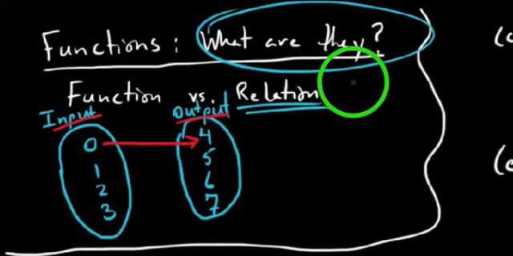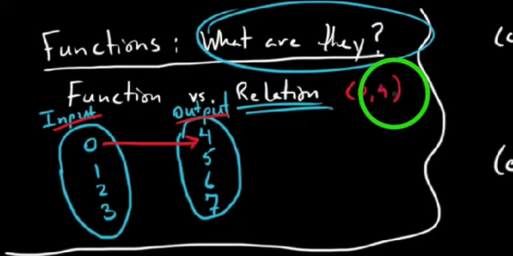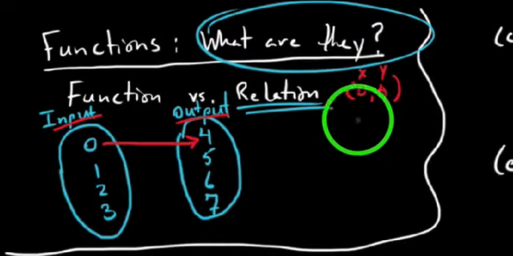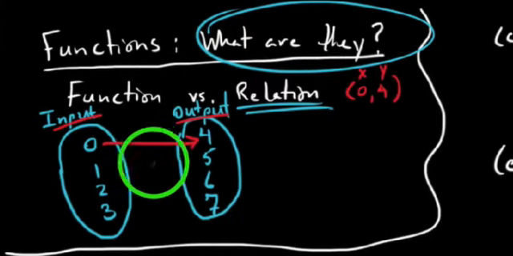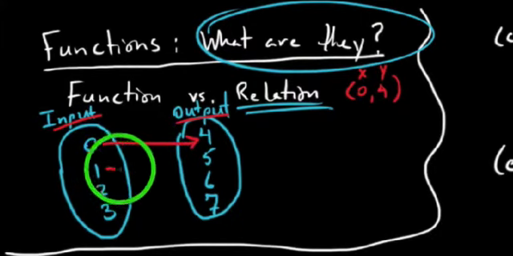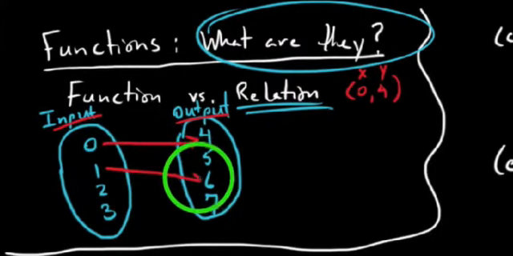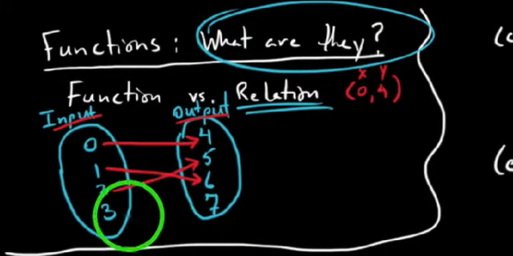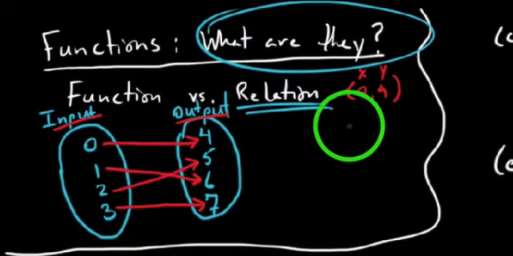And algebraically we tend to think of input and output as maybe I put in this x and it pops out this y, for example. But this is one way to look at it. Or maybe the relation between these two sets says that 1 maps onto 6, or maybe 2 maps onto 5, or 3 maps onto 7.